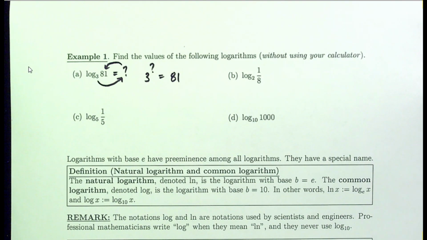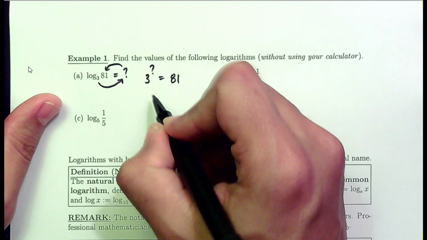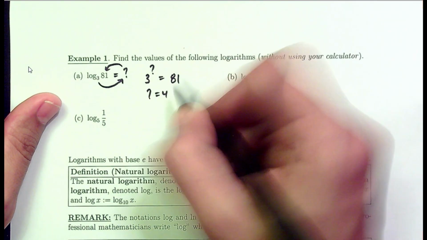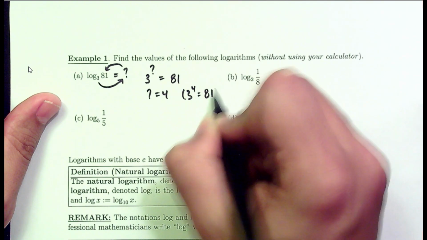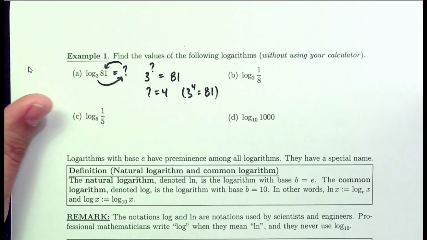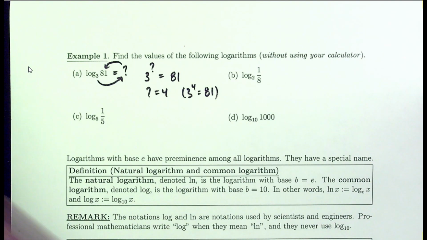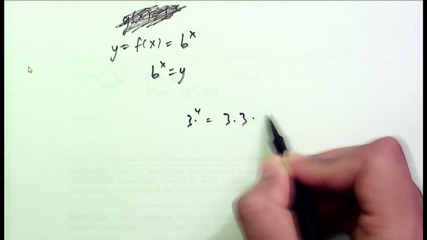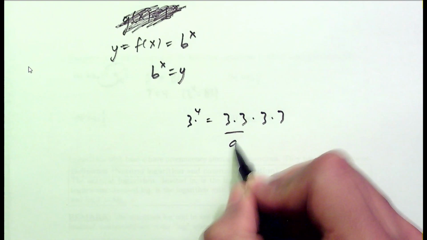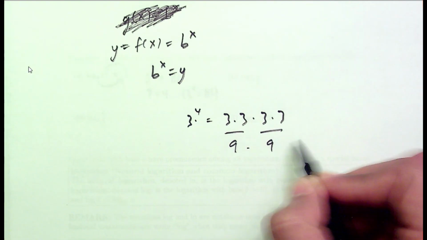And it turns out that 3 to the 4, 3 times 3 times 3 times 3, so 3 times itself 4 times gives you 81. So actually then the question mark equals 4. Okay, this is not hard to figure out. 3 times 3 is 9, 3 times 3 is 9, and 9 times 9 is 81.